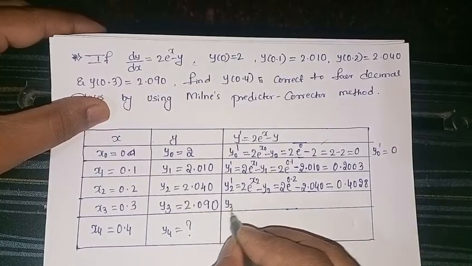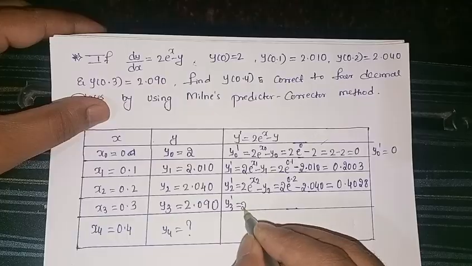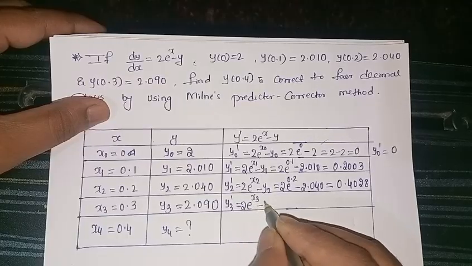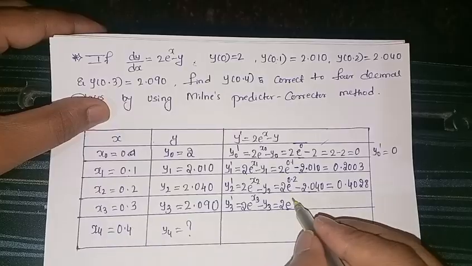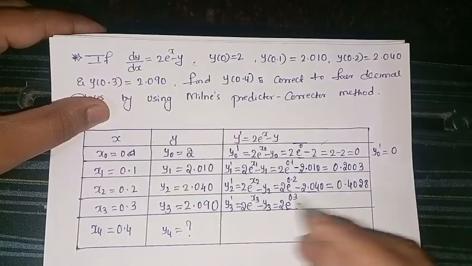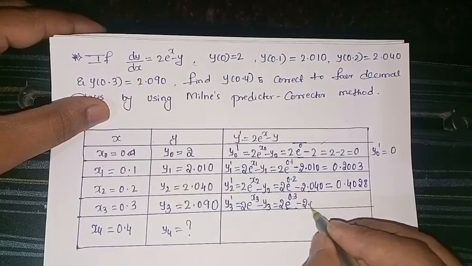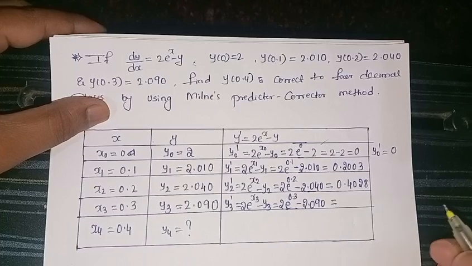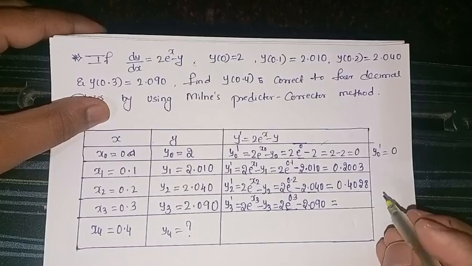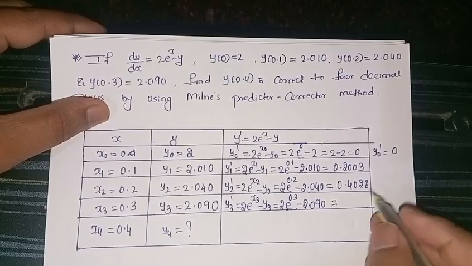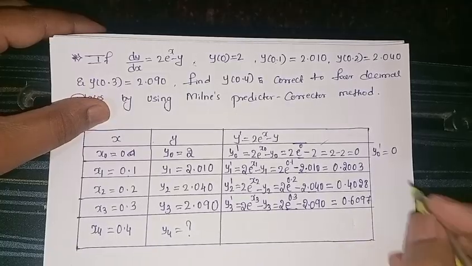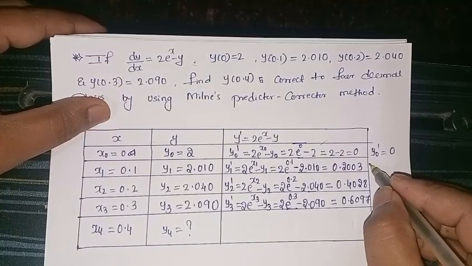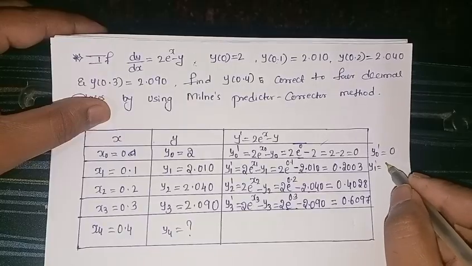Similarly, y3 dash equals 2 into e power x3 minus y3, that is 2 into e power 0.3 minus 2.090. Solving with the calculator, y3 dash is 0.6097.